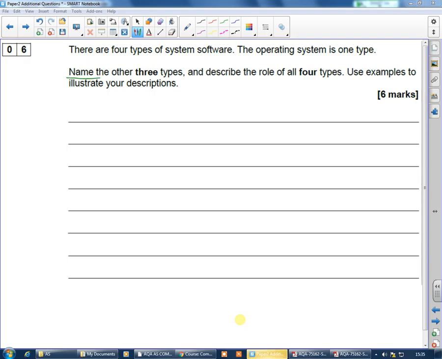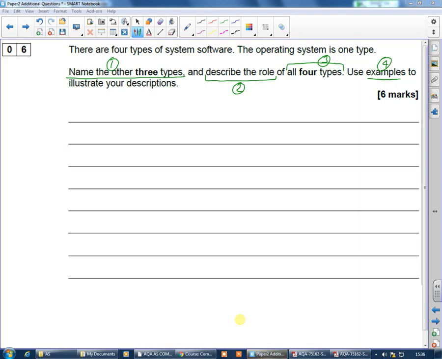Okay, so that is one of the first things we've got to do. So I'm going to put 1 by it. And describe the role of all 4 types. So I'm going to split this into 2. So look, you've got describe the role, and then you've got of all 4 types, so including operating systems. And it does say here, fourthly, use examples to illustrate your descriptions.